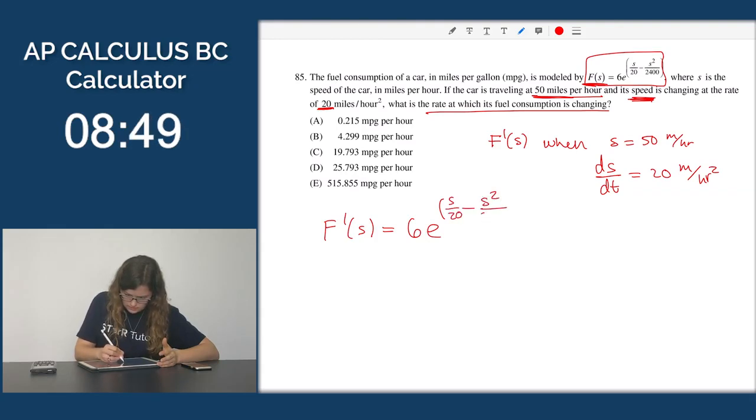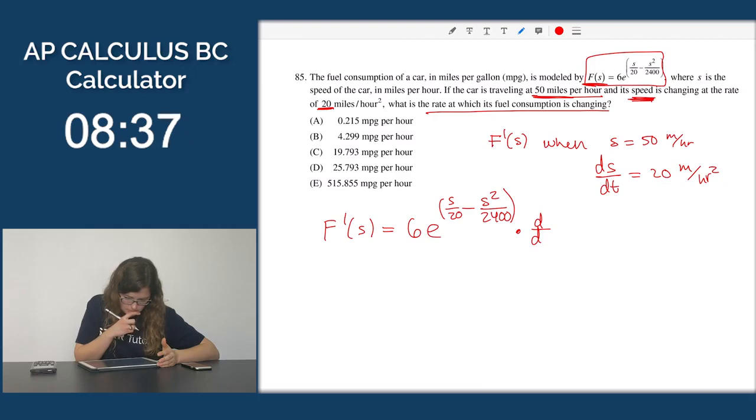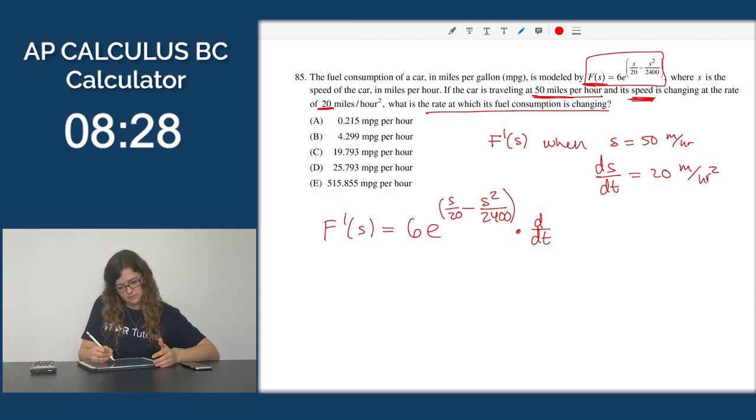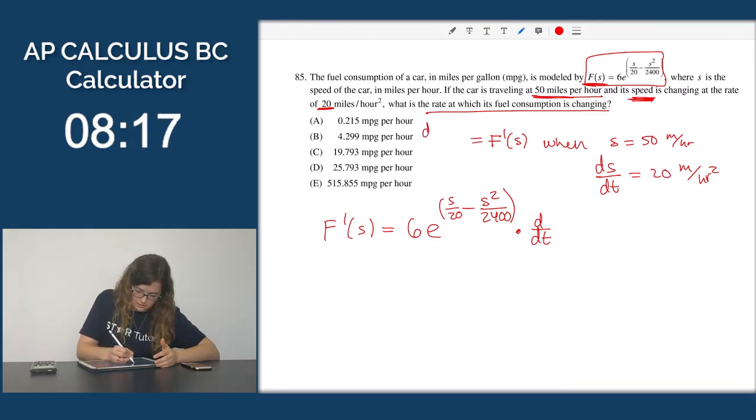S squared over 2400 times chain rule. So now I need the derivative. S is a speed, it's a function of time. Derivative with respect to time. Yes, I'm taking the derivative with respect to time here, everyone. This is a tricky problem.